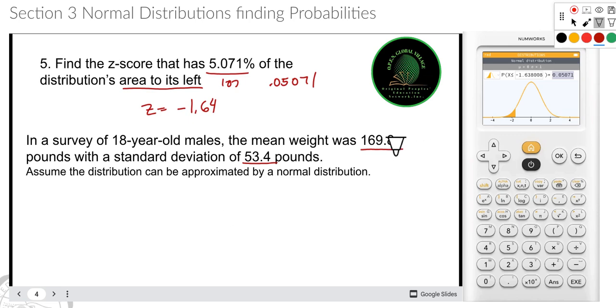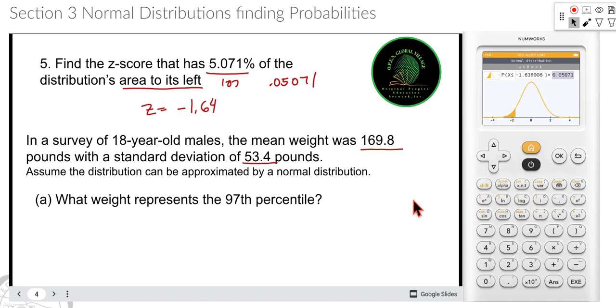Again, in the older days, we would have taken these values, and when we go to answer these questions here, we would have needed to change these into a z-score and then use the inverse and all this kind of stuff. But what weight represents the 97th percentile? Watch how we can do that here.